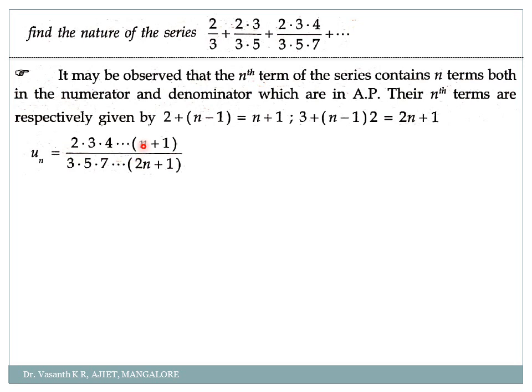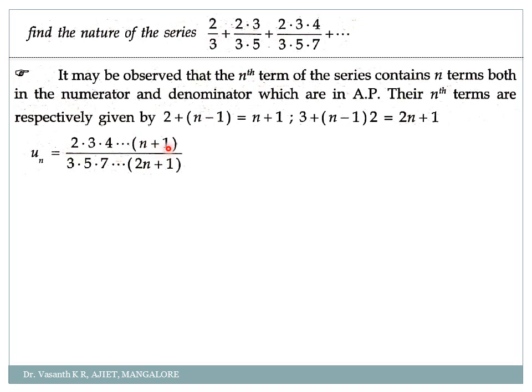So what is n? If you take n is equal to 1 here, summation n equal to 1 to infinity, correct? So take n equal to 1. 1 plus 1, 2. And denominator how to write? So 3 into 5 into 7, that is fine, okay. It is 3 here. So can you write n plus 2? No. Why? See what is there after 3. After 3 what is there? 5. After 5 what is there? 7. So I should get only odd terms. So take it as 2n plus 1.